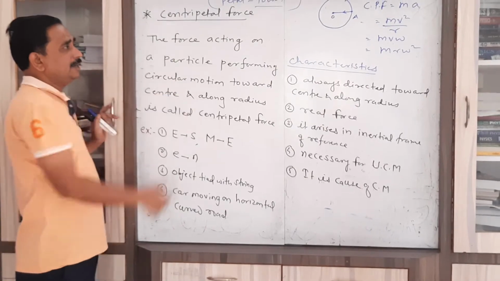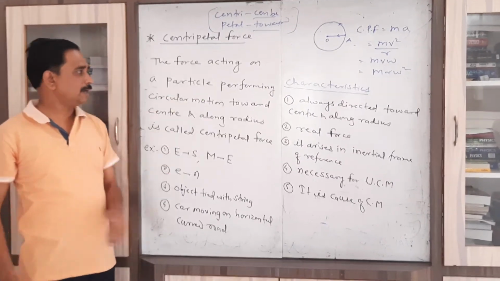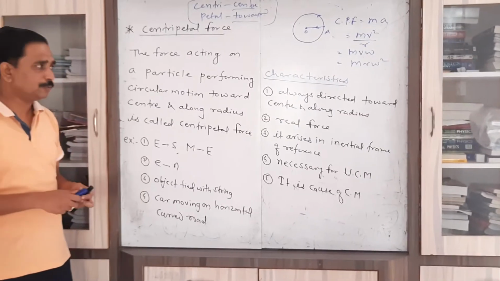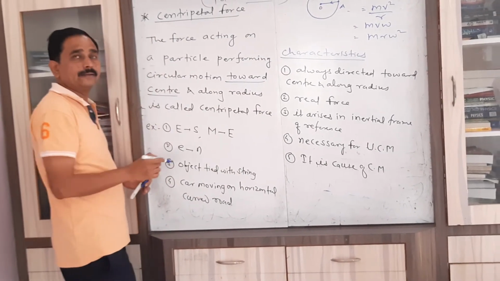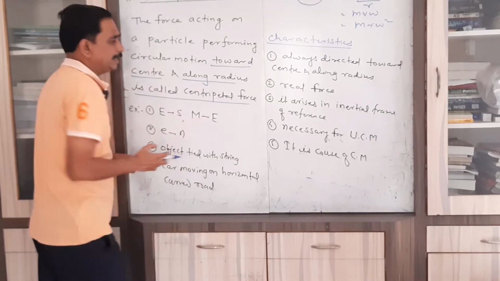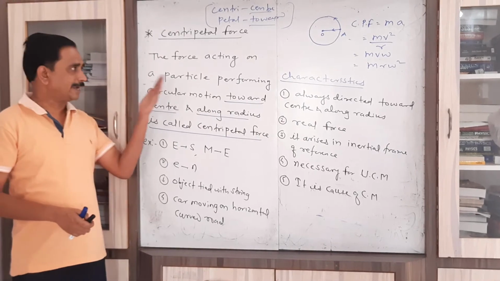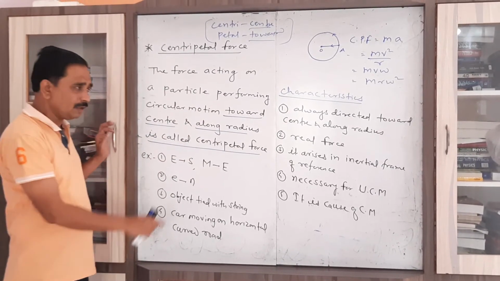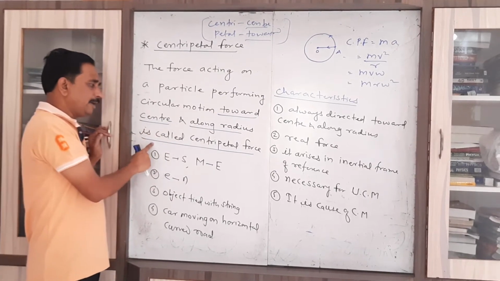But we have to write its proper definition. So what do we mean by centripetal force? It is the force acting on a particle performing circular motion, which always acts toward the center and along the radius.